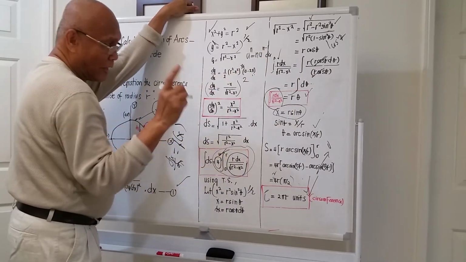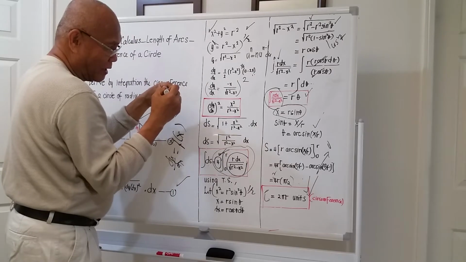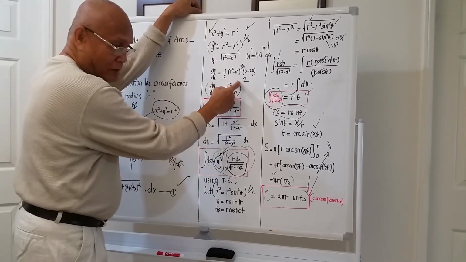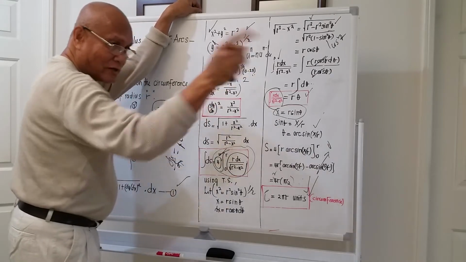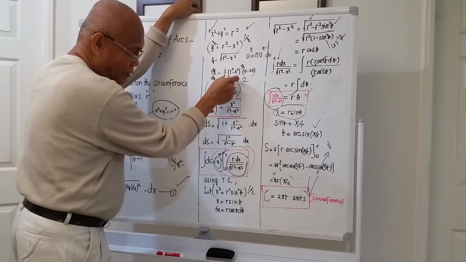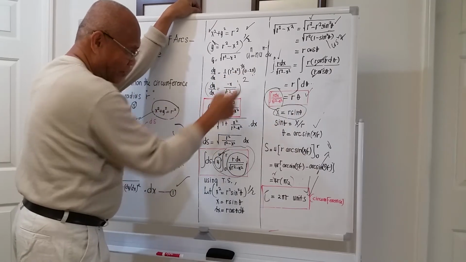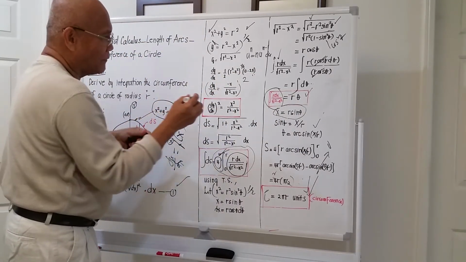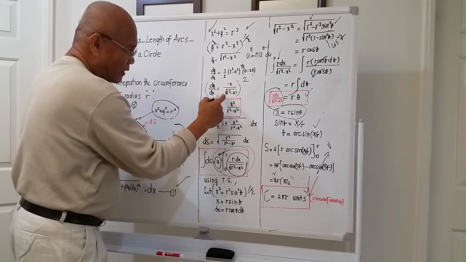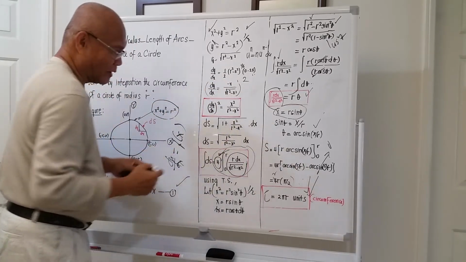The value of n is actually 1/2, so this is 1/2. The value of u is r squared minus x squared. 1/2 minus 1 is minus 1/2. Times the differential of the terms inside, this will be 0 minus 2x. And if we try to simplify this one, dy dx will be minus x all over the square root of r squared minus x squared.